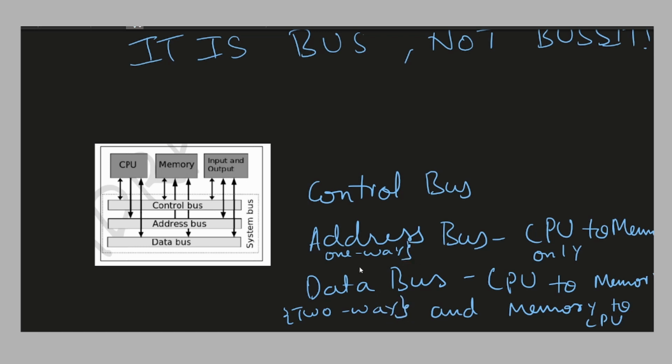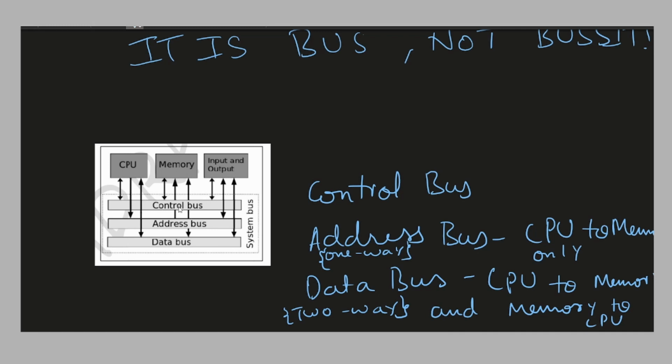Then there is the control bus. The control bus is used to access the data from the other parts of the buses. If there is data coming from the address bus and data bus, it can directly access it through the control bus, and it makes sure that the correct data flow happens.